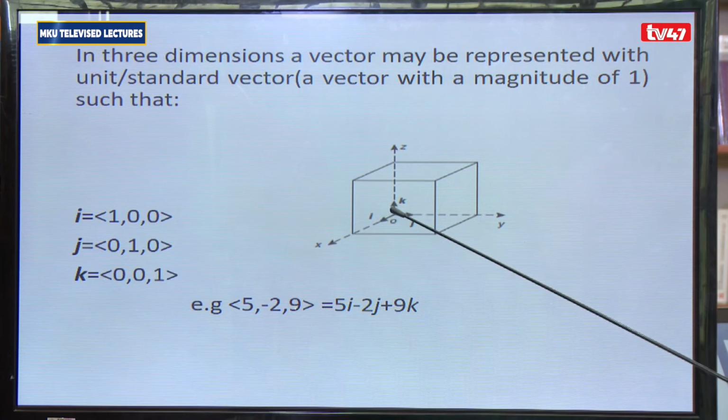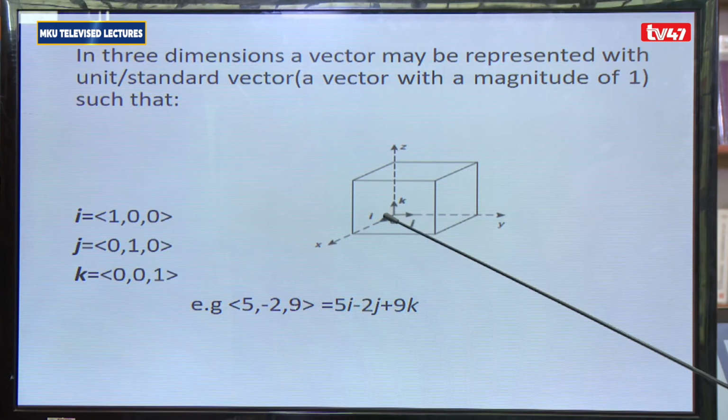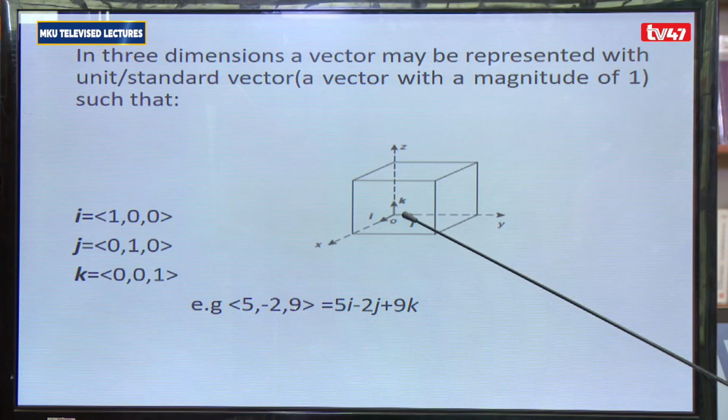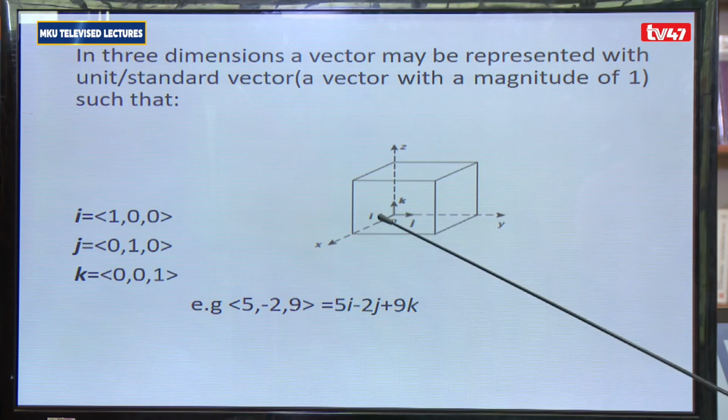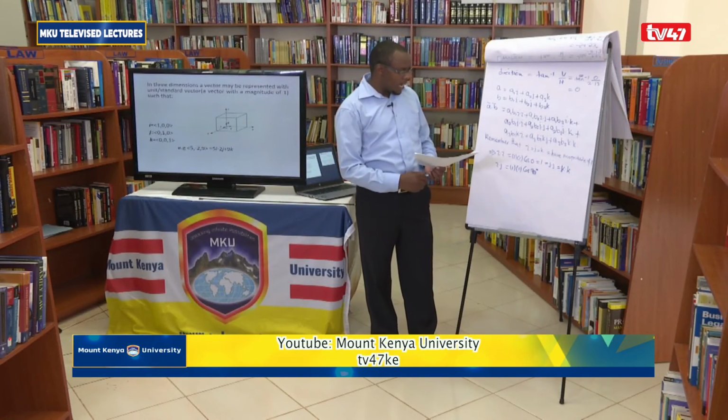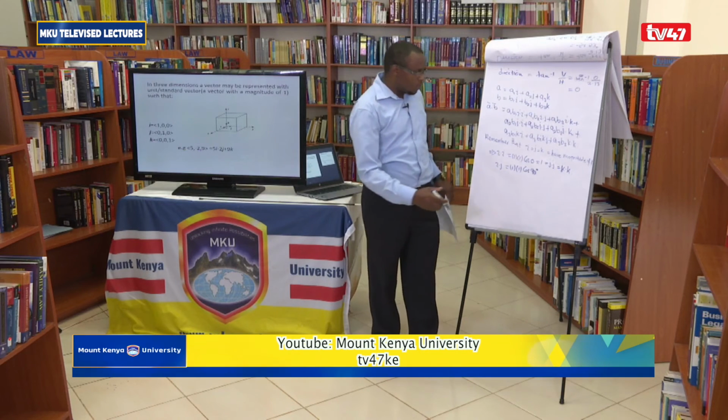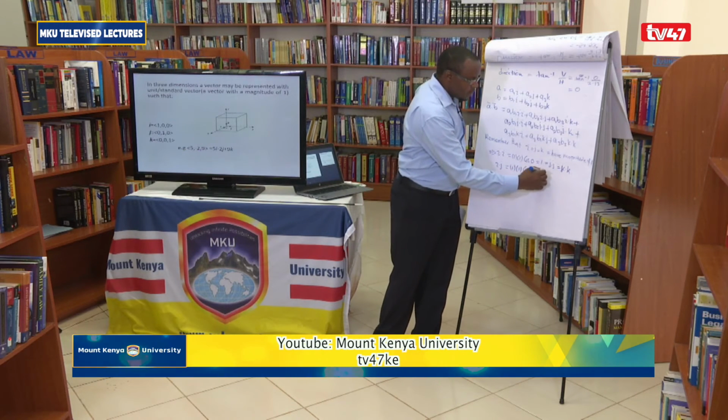That means that all of them are at right angles with each other. So i is at right angle with j, j is at right angle with k, k is at right angle with i, and therefore they make an angle of 90 degrees. So when you get the cosine of the angle between them, which is 90, cos of 90 is 0, and therefore this is going to be 0.